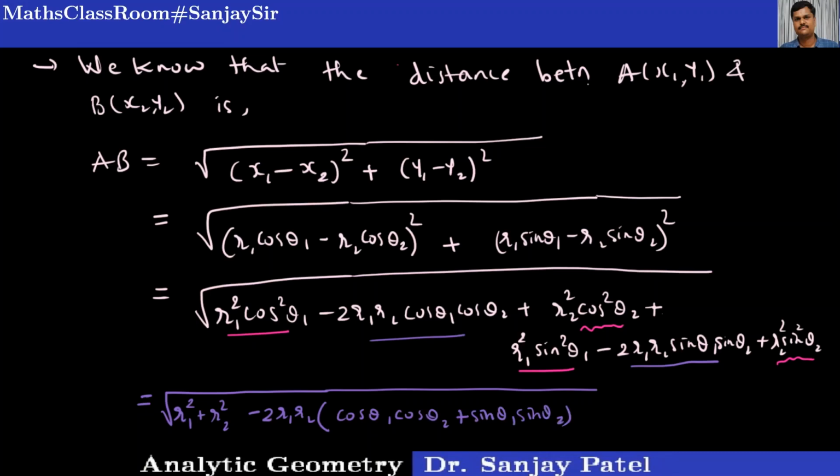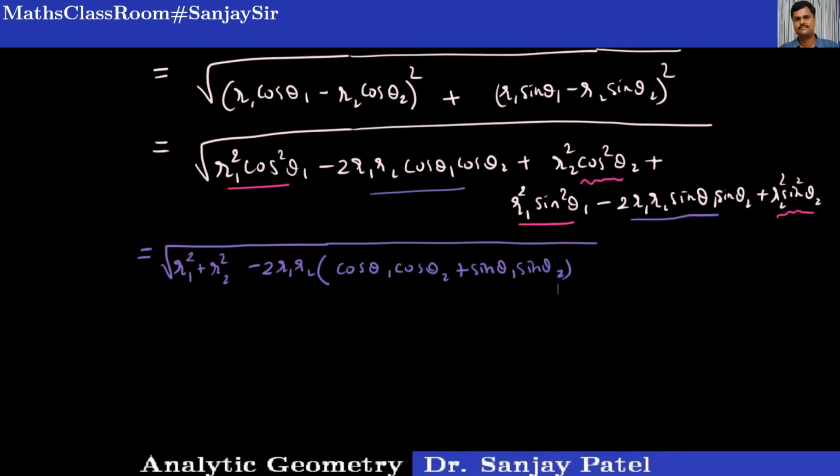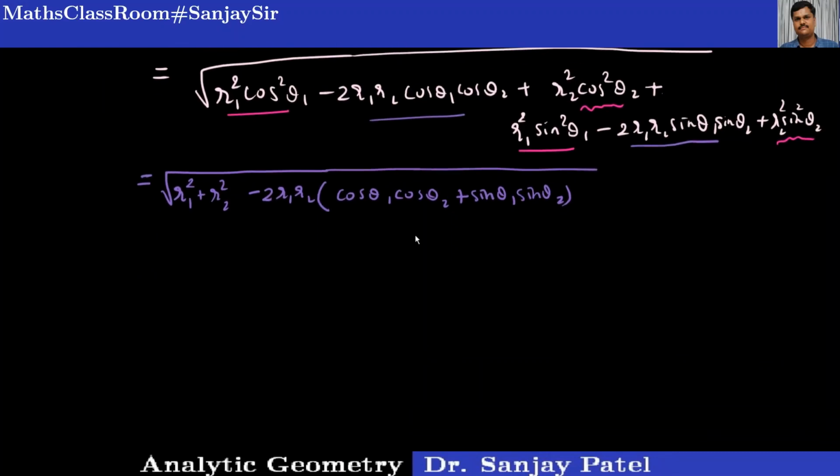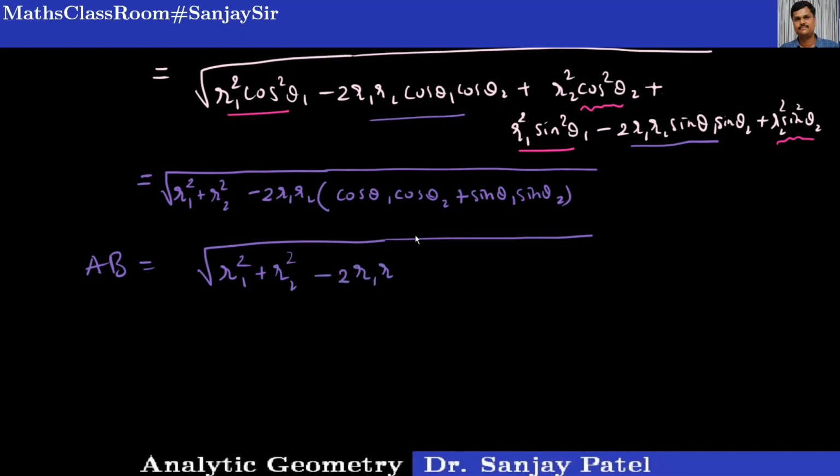So this you can write by your cosine formula, that distance between 2 points AB is equal to square root of r1 square plus r2 square minus 2 r1 into r2 into cos of, what is this? cos theta 1 cos theta 2 plus sin theta 1 sin theta 2, that is cos of theta 1 minus theta 2.